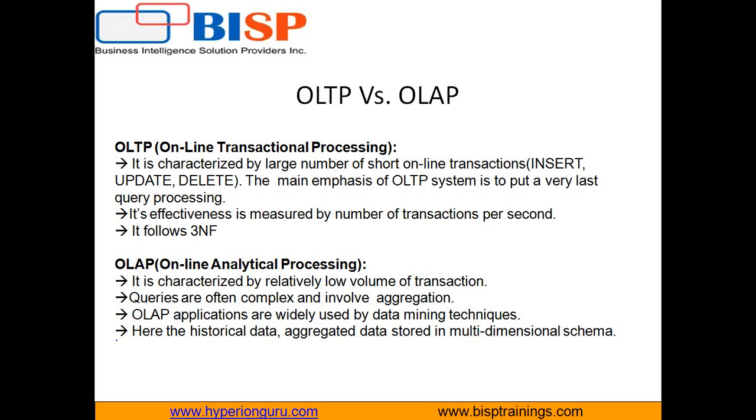If it is not that fast, then after entering that information you need to wait for some time to get it. That may be a bit difficult if you are not getting the response quickly. So you need to have an OLTP system which is fast.